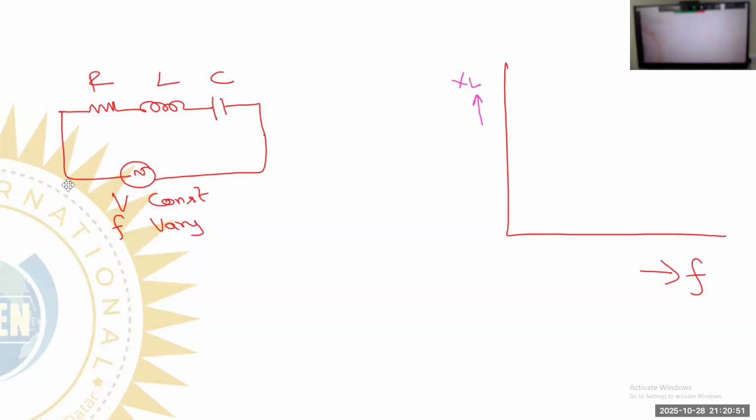We take L, because if you give a frequency to the inductance, it is called XL. What is the XL formula? XL is equal to 2 pi FL. So as frequency increases, XL increases linearly. That's why the graph is like this.